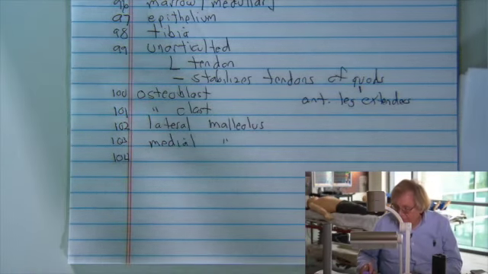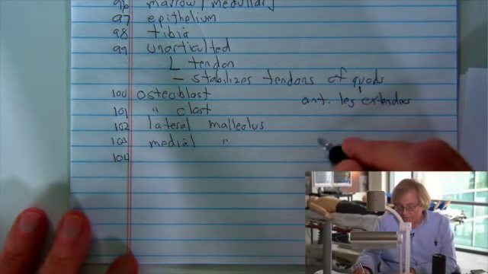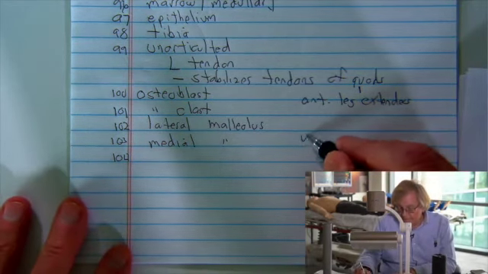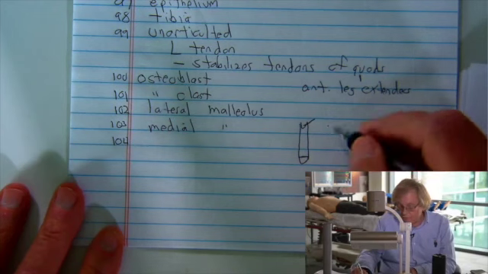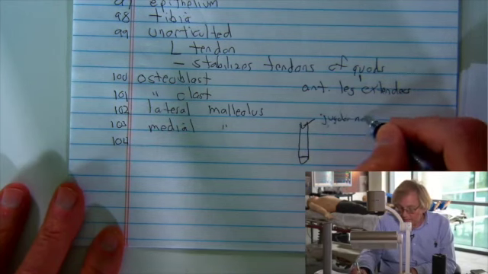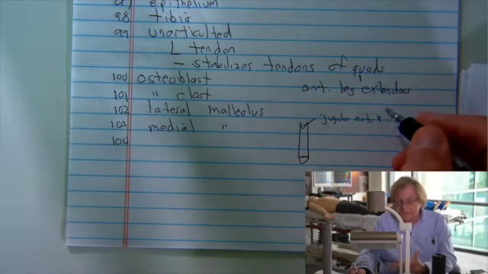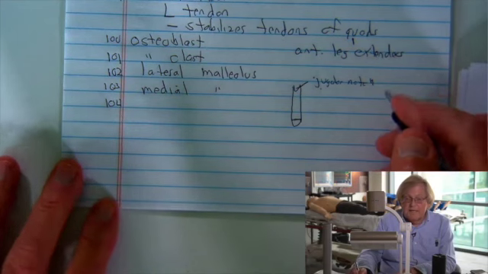104, the inferior breastbone process. Just think of the breastbone. So here's my sternum. This is going to be my jugular notch or suprasternal notch. I'm always going to think of 2 fingers above that is where I put a hole for a tracheotomy.